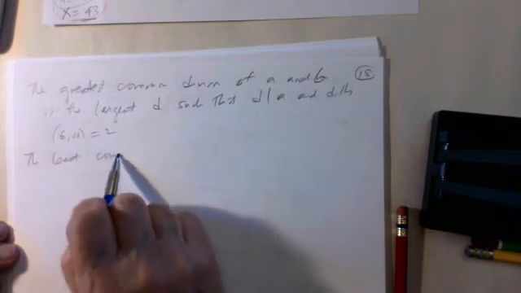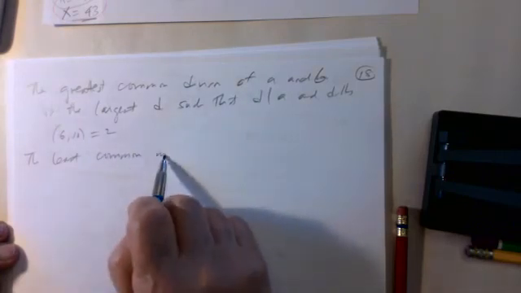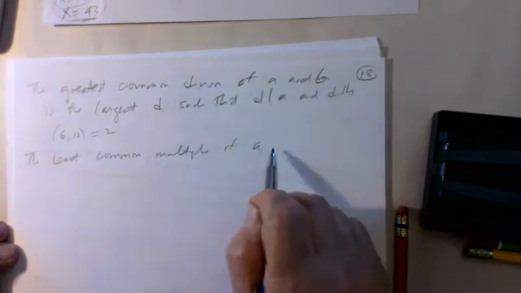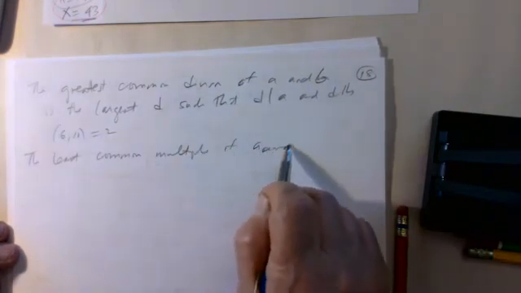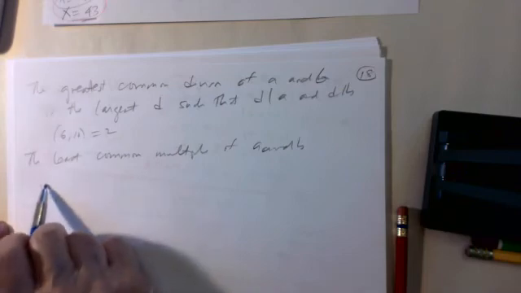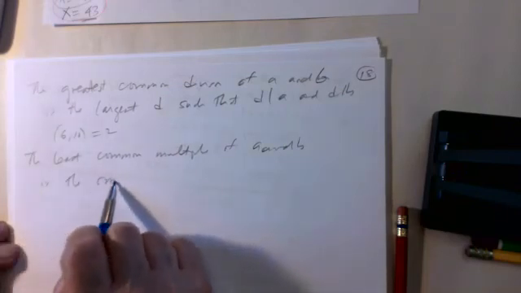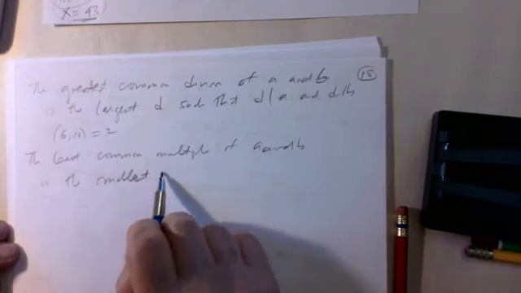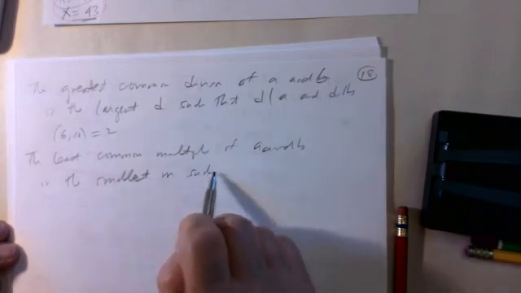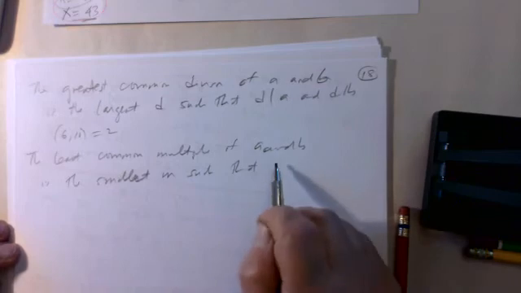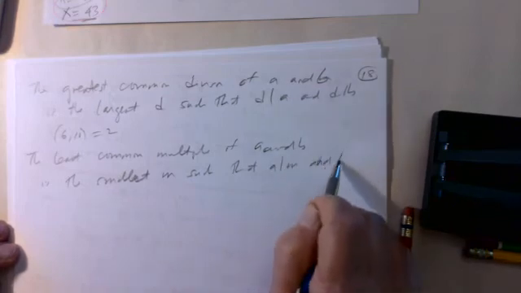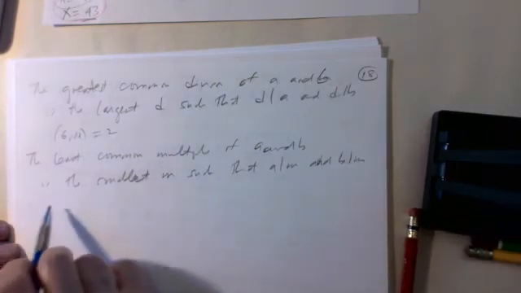The least common multiple of a and b is the smallest integer m such that a divides m and b divides m.